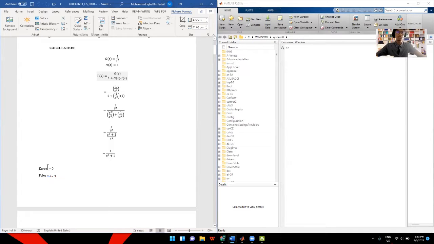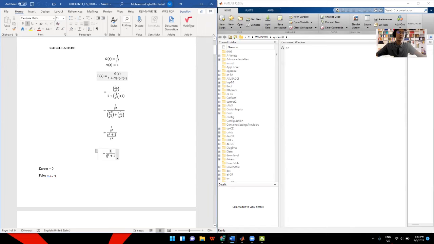Zeros and poles. Zero is a root for the numerator and poles is a root for the denominator. So this is the numerator and this is the denominator. So the zeros for this circuit is 0 because the numerator is the constant number 1, and the poles are i and negative i.